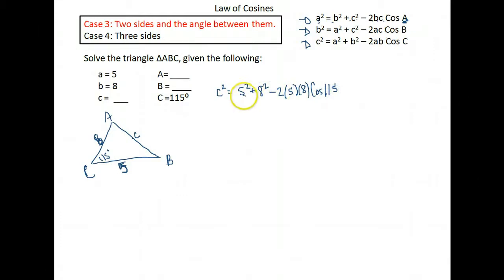Now all we need to do is calculate this. You may be able to put the whole string in your calculator and feel good about that, but always double check. I'm going to go a little bit at a time. So 5 squared is 25, 8 squared is 64, and then 2 times 5 times 8 times the cosine of 115.